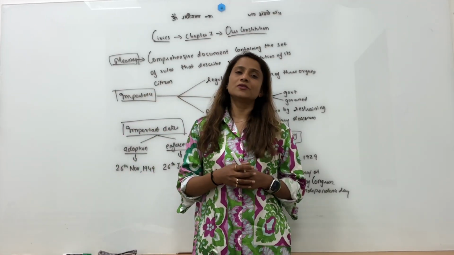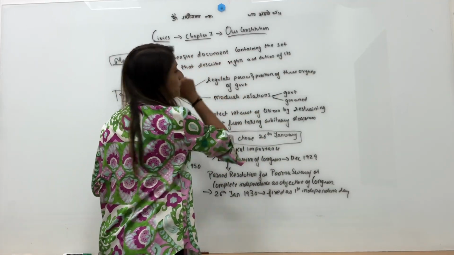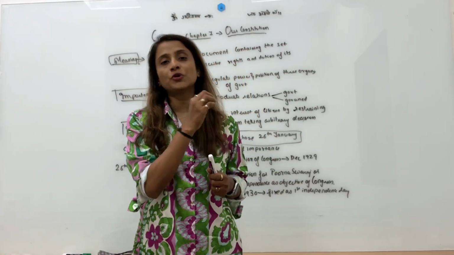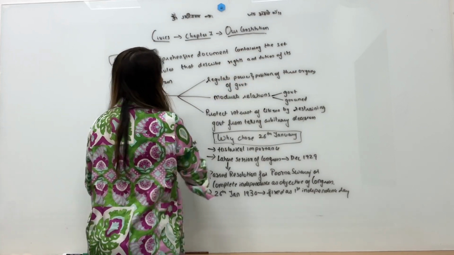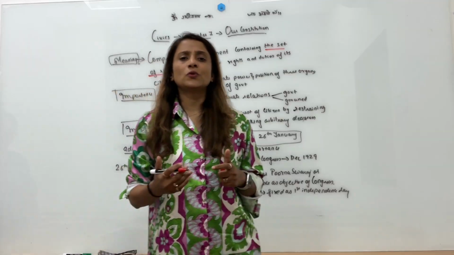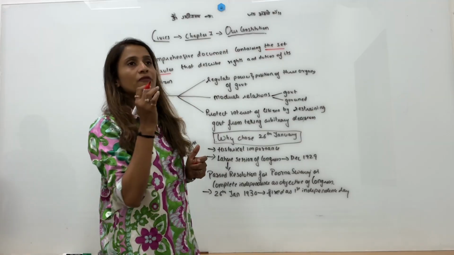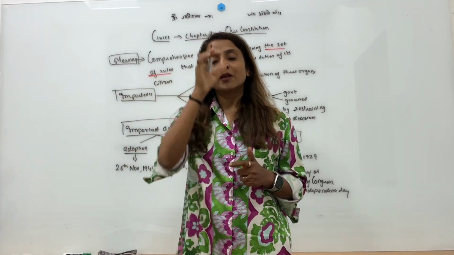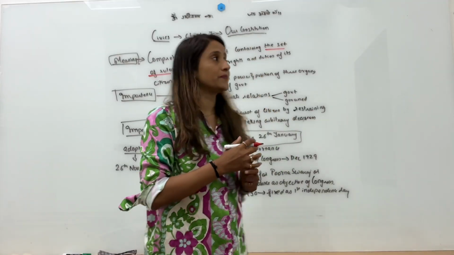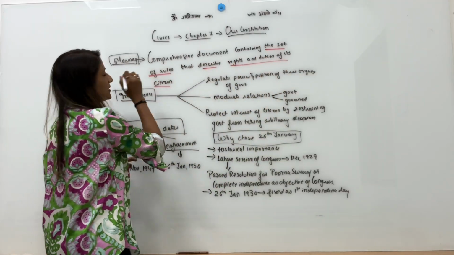Let us talk about it today. The constitution is a comprehensive, very detailed document containing the set of rules, all the rules and regulations that every citizen of our country is supposed to follow. These rules describe the rights and duties of the citizen.